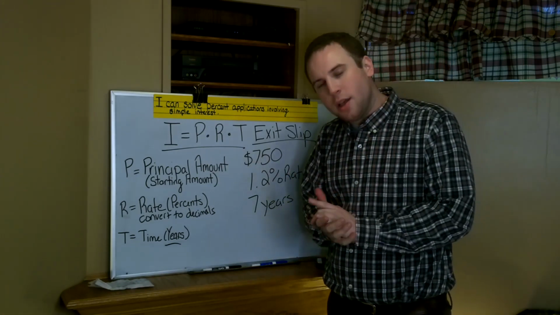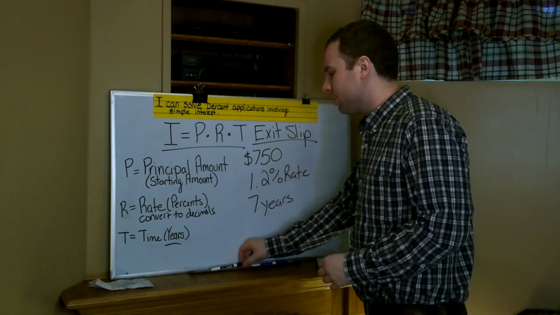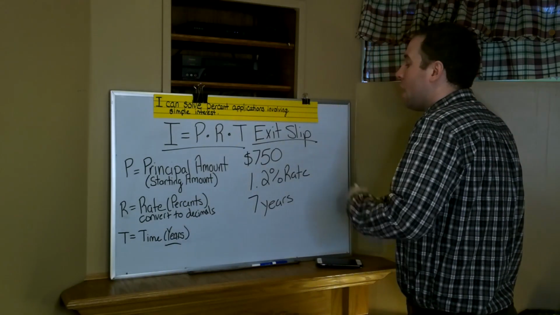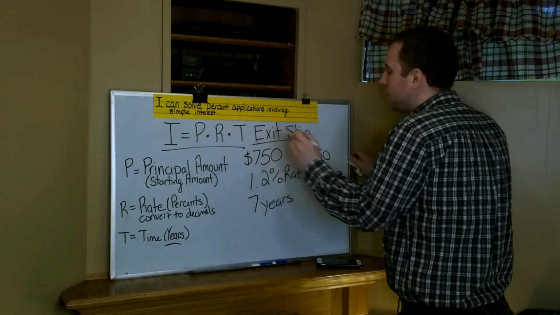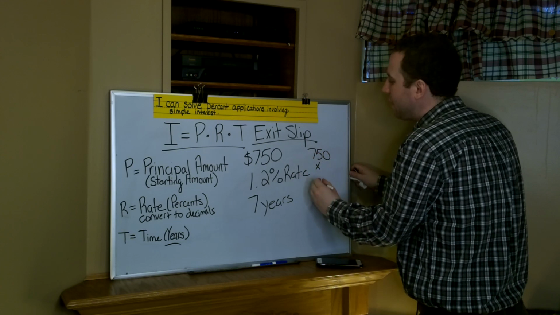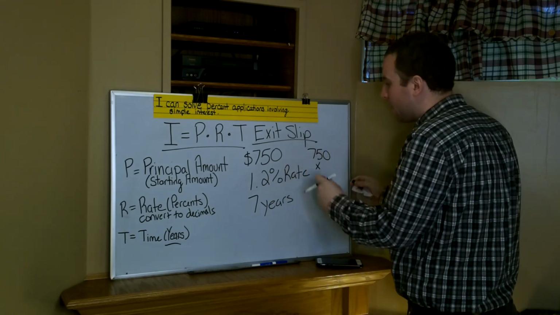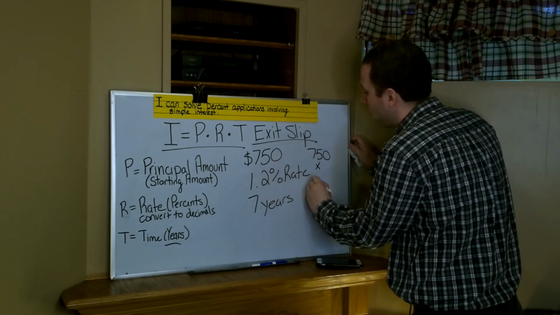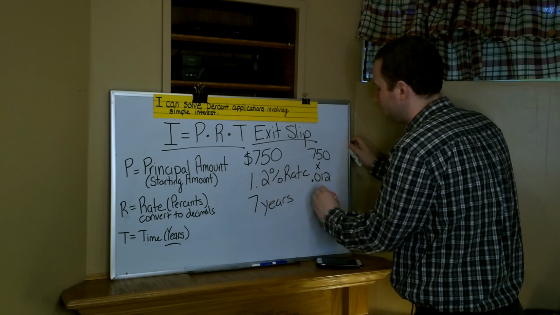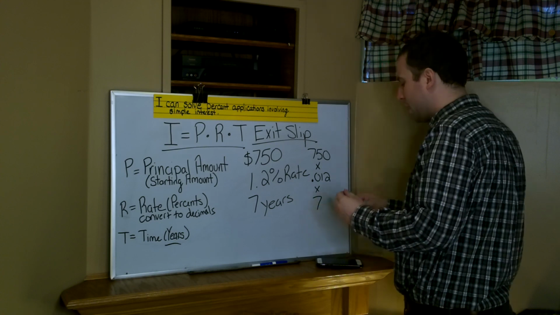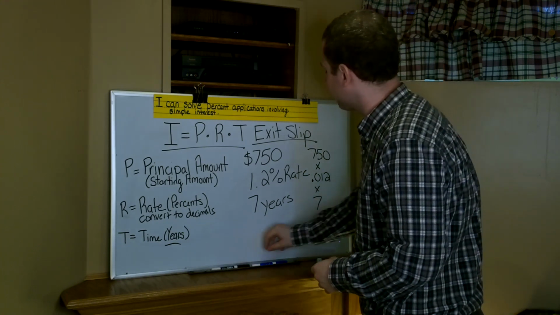All right, let's go ahead and solve this, shall we? Once again, I equals P times R times T. We're going to multiply 750 times our rate. So again, we have to change this to a decimal. So 1.2% really becomes 0.012 times 7, because our rate is in years.